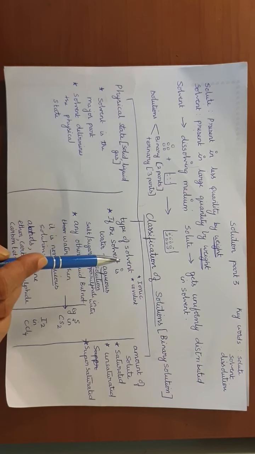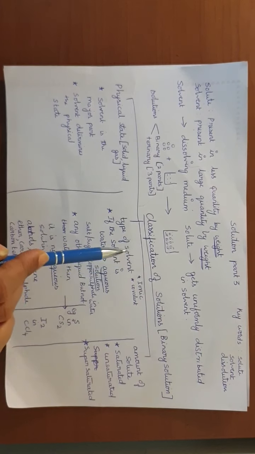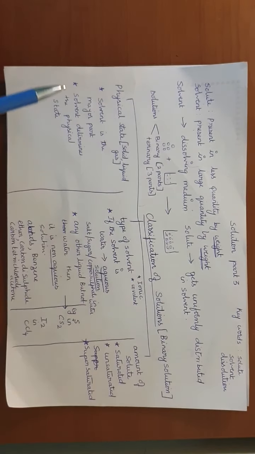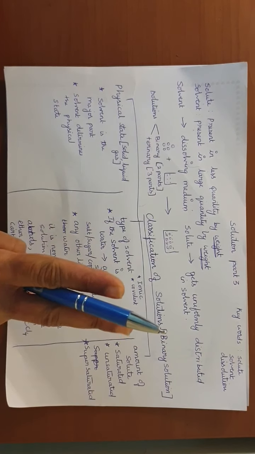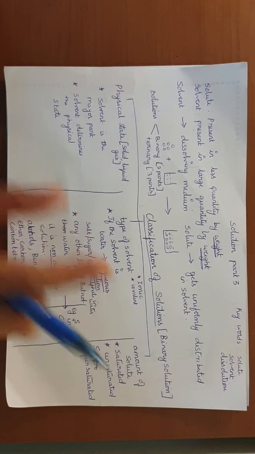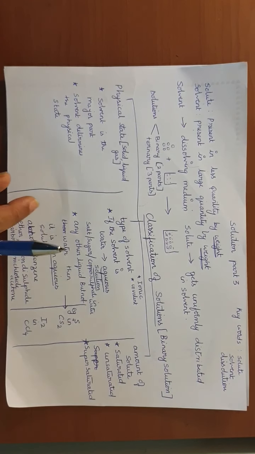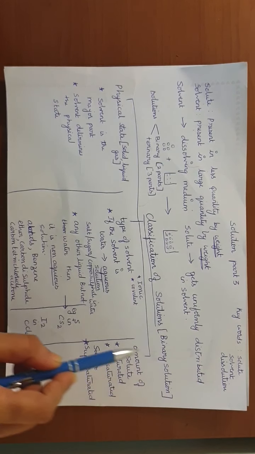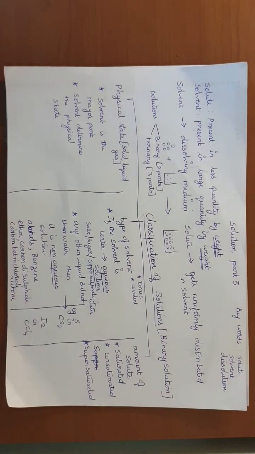Second one is the classification based on the solvent we are going to use. We need two parts, solvent and solute. The solvent will decide the type of the solution. Finally, the last classification is based on the amount of solute you are going to take.